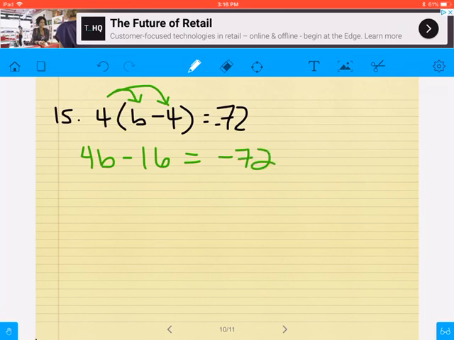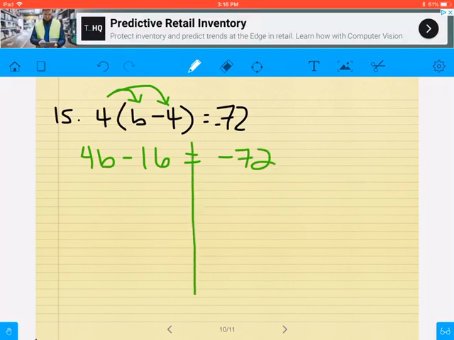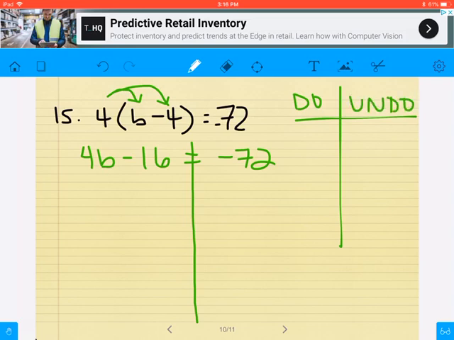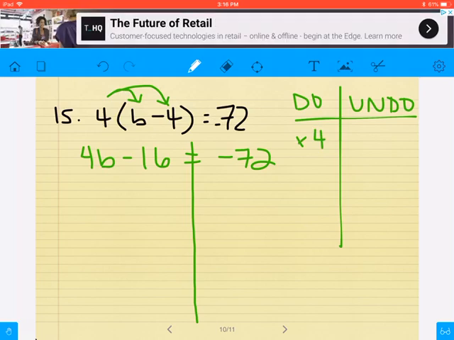Now that I've simplified it, I'm going to draw that line down my equals, and I'm going to write my do and undo chart over here. Okay, do and undo. So what's being done to b is that we are multiplying it by 4 first, and then we're subtracting 16.